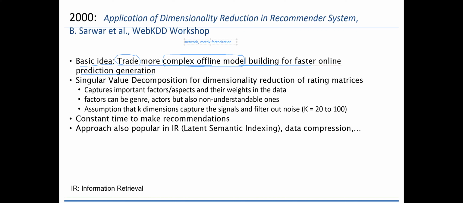What if we have this complex model compared with the speed? Okay, we want to get the speed. So if we use the matrix factorization, whether the online prediction can be faster or not. So that's the idea from that workshop.